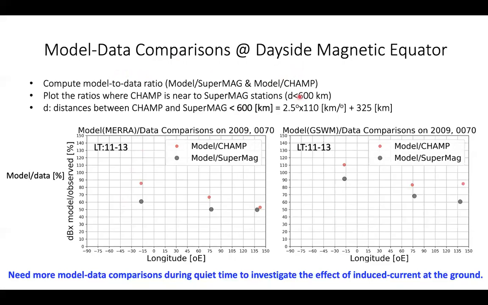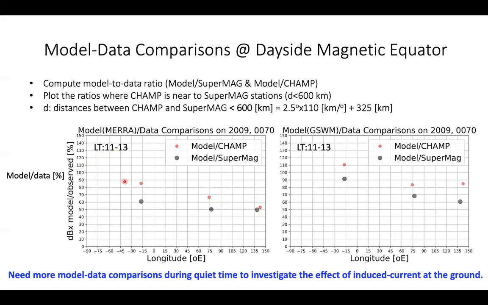The distance is less than 600 kilometers, which is approximated by the model resolution and the length per degree and the altitude of the satellite. So here is the result, model to data ratio in percentage during the noon.